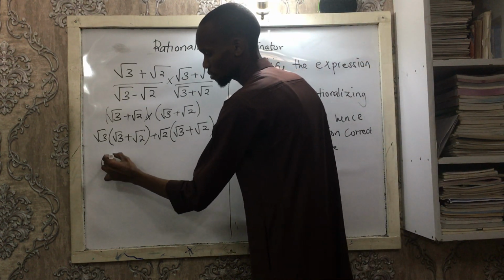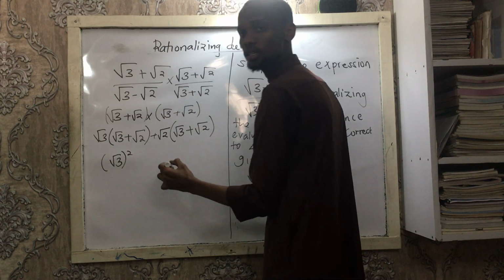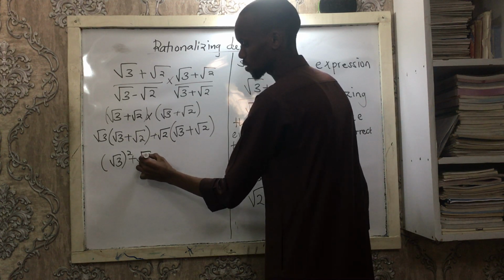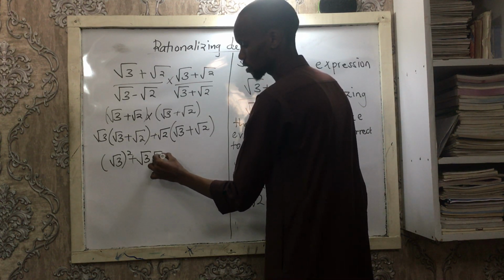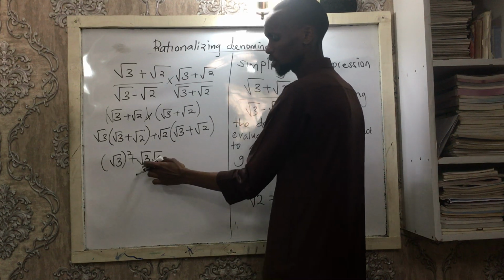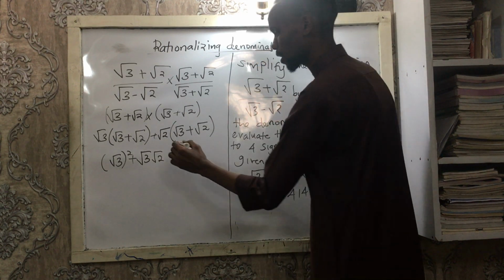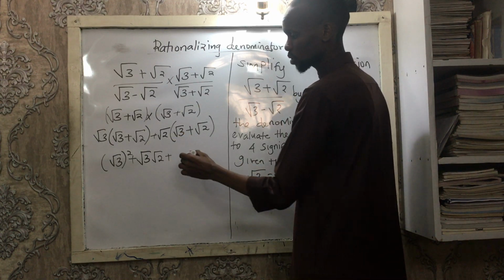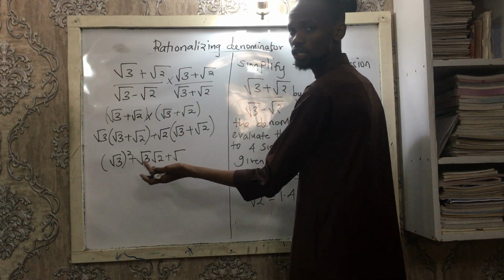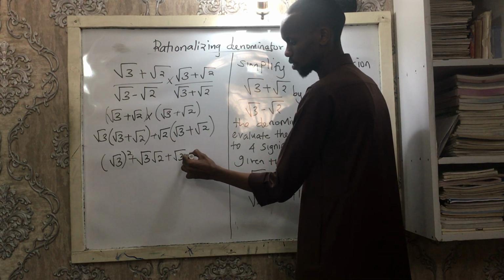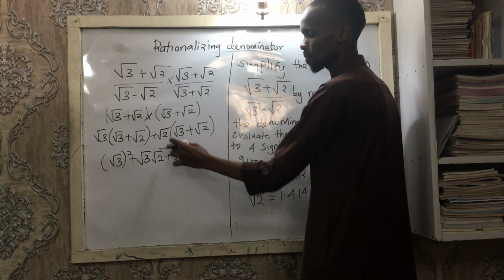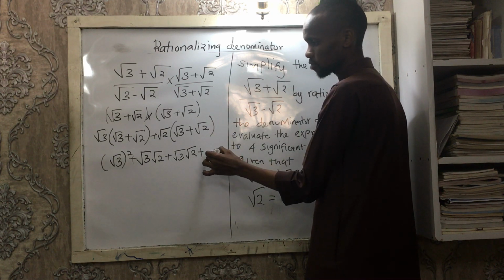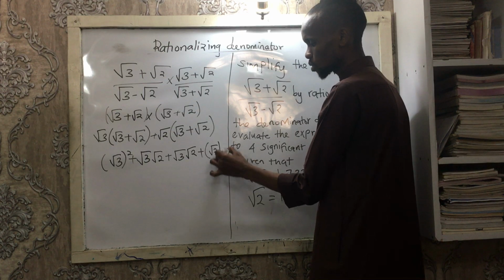And then plus the root of 3 multiplied by the root of 2 is the root of 3, the root of 2, right? And then plus the root of 2 multiplied by the root of 3, which is also the root of 3, the root of 2. Plus the root of 2 multiplied by the root of 2 is the root of 2 squared, right?